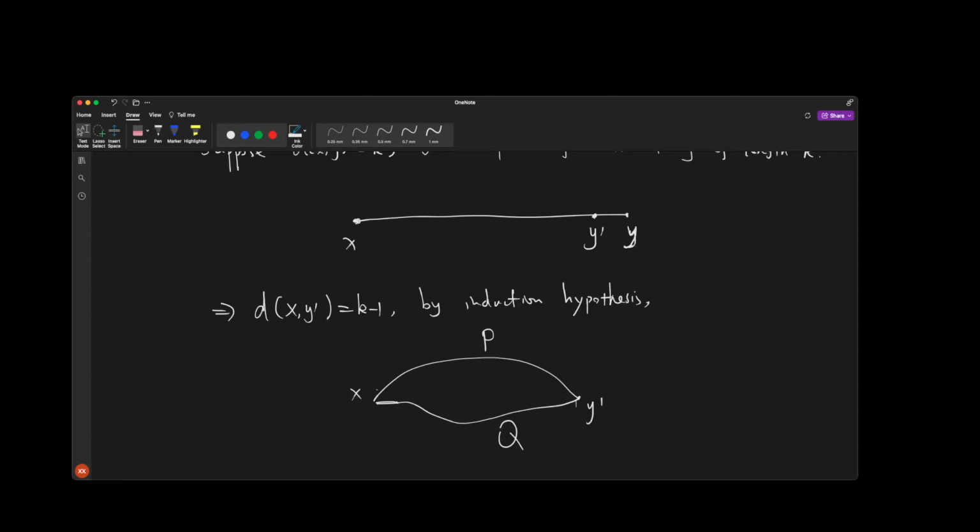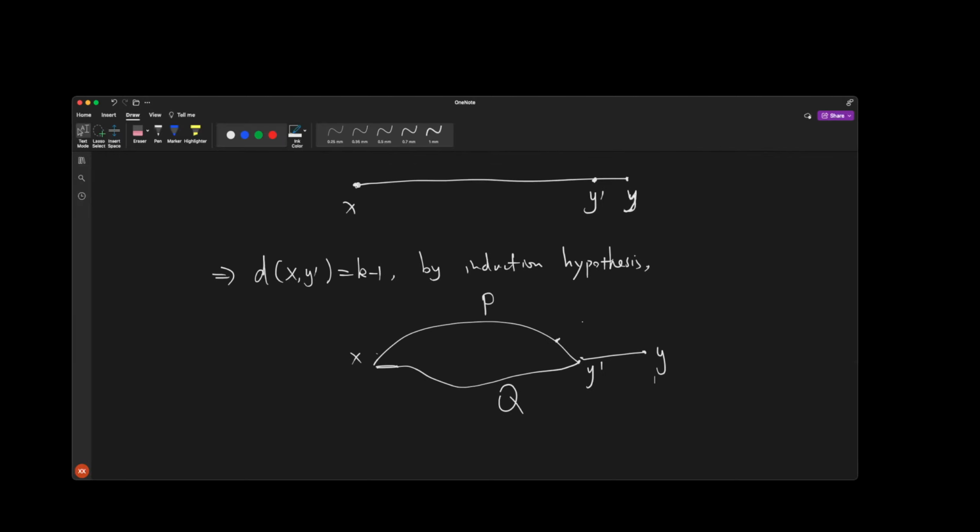Here we have to be careful about the possibility that Y belongs to P, for example. It cannot happen, because it would mean that X along P arrives at Y with a path shorter than K minus 1. So Y does not belong to P or Q.